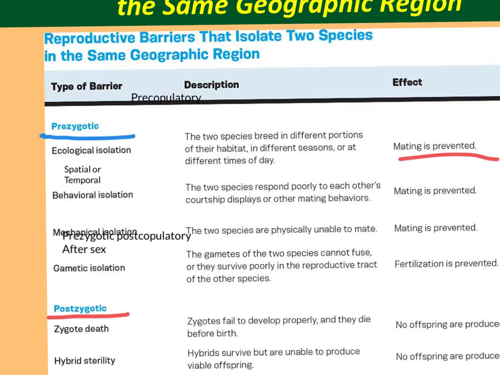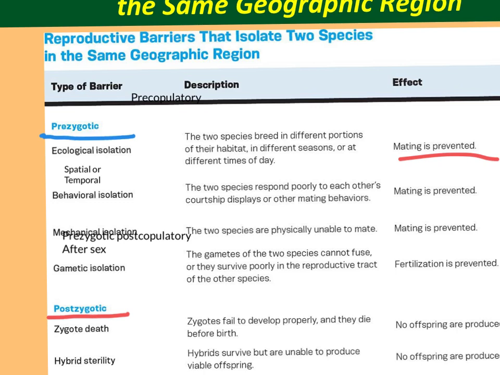So one species might, the female might prefer her own species, and the male has a blue head, and the other species has a red head, and each female prefers the males of her species. So if the red-headed female species sees a blue head, she's not going to want to mate with him. That's behavioral isolation.